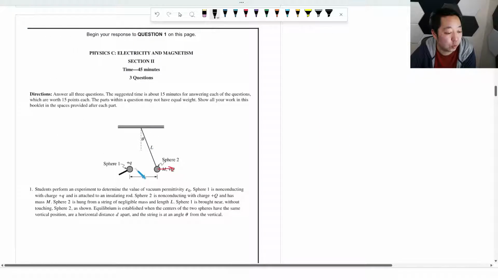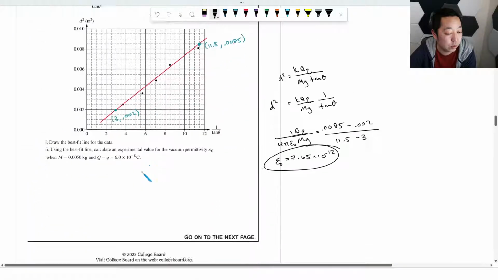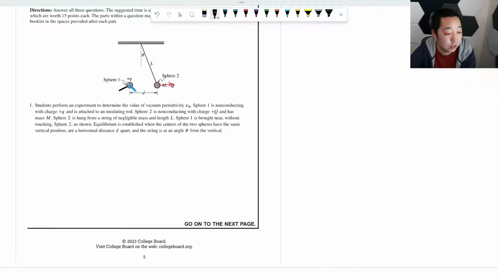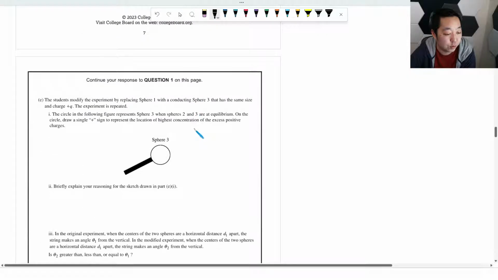They're replacing sphere 1 with sphere 3, and it's a conducting one now. So we want to know where the positive charge is going to be. Well, what's going to happen is the positive charges are going to repel each other and be over here, because this is a positive charge, and the negative charges will be attracted toward there. So the positive will be further away. So we'll put it right over here.